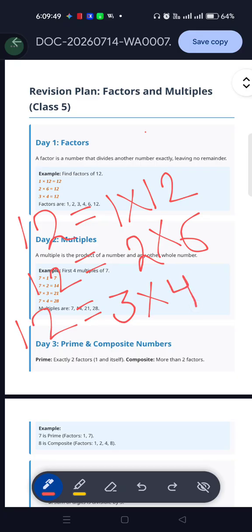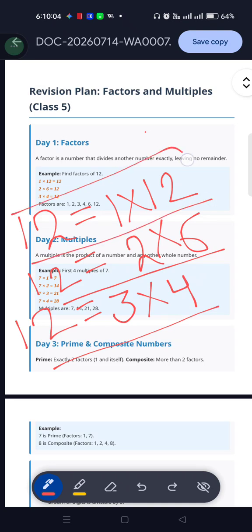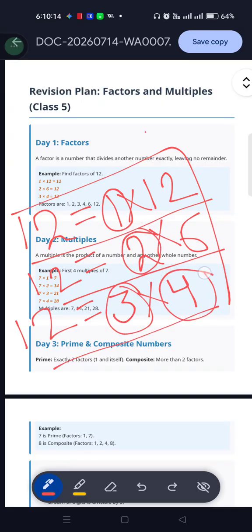So now just see the pattern. How are you getting 12 here? 12 ones are 12, and 2 sixes are also 12, and 3 fours are 12. So from this table we can take the numbers 1, 2, 3, 4, 6 and 12 itself.